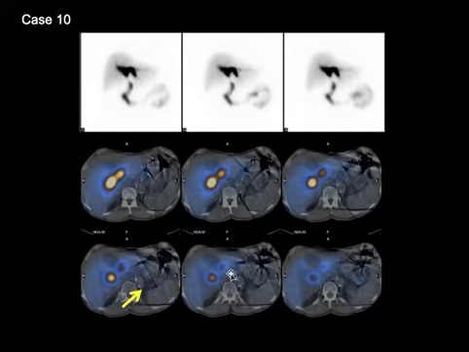So this patient presented with a large fluid collection, and the question was whether this is a biloma. But looking at the HIDA scan images and the fused SPECT-CT images, we find that the collection is not completely bile. The biliary system is sort of embedded somewhere in this collection and is not communicating with that collection.